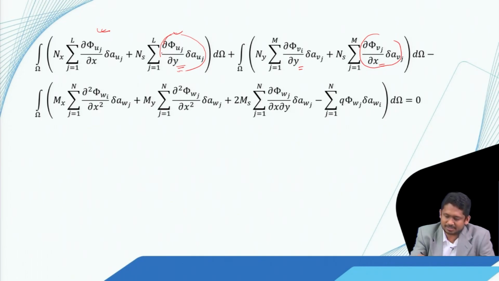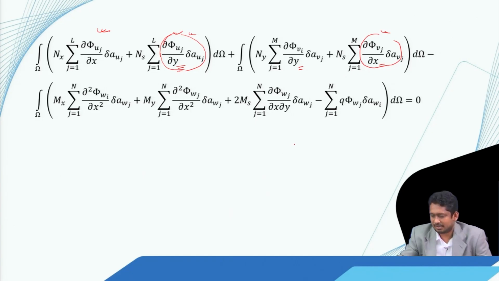So, the terms have been arranged accordingly. This and this give me the variation of epsilon s 0, because epsilon s 0 is del u 0 by del y plus del v 0 by del x.